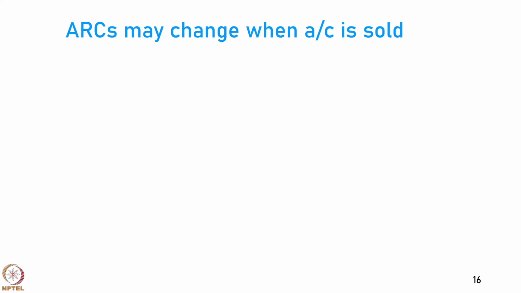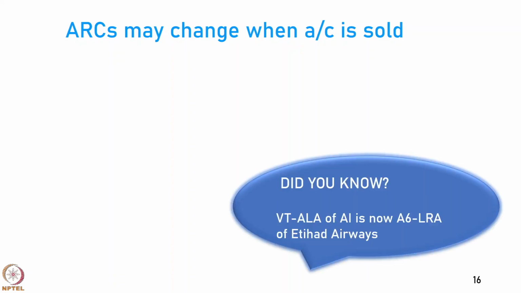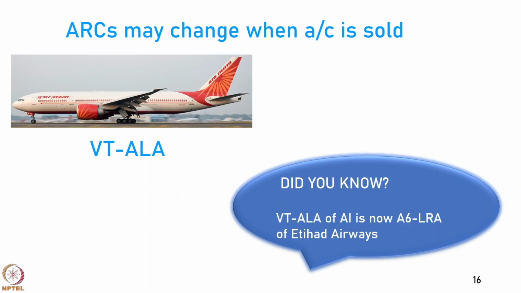Also, the ARCs do not remain fixed and the same throughout its life. When the aircraft is sold, then the ARC also changes, especially when the ownership goes across the country. So now VT-ALA of Air India is now A6-LRA of Etihad Airways. This is VT-ALA when it was a part of the Air India fleet.